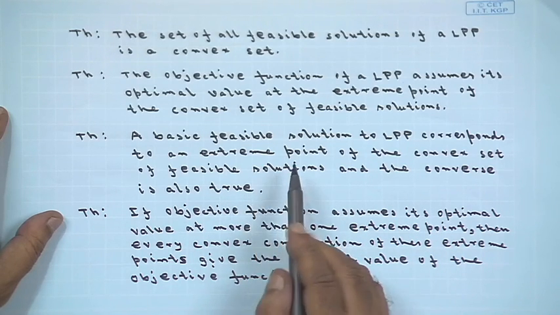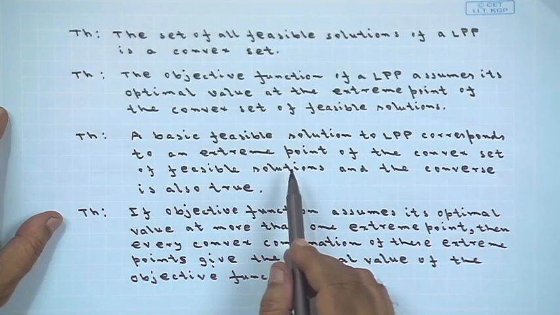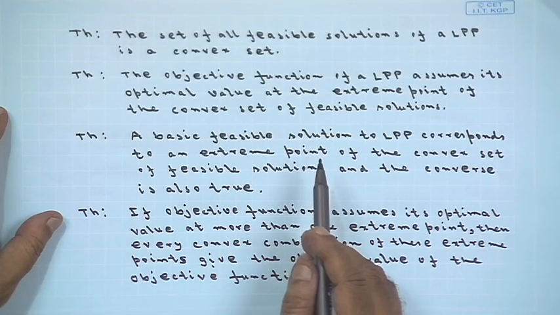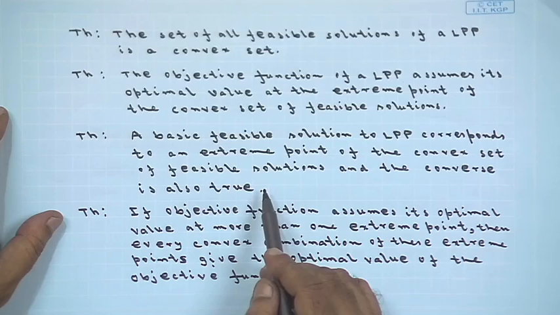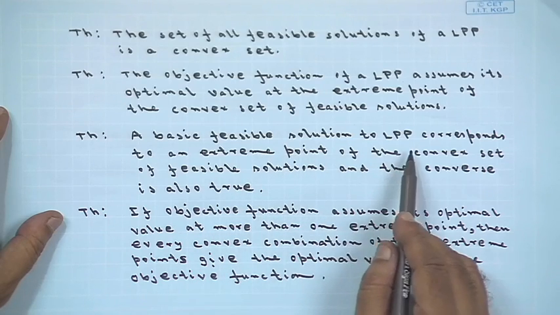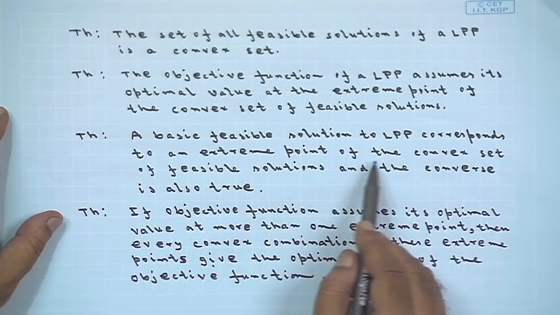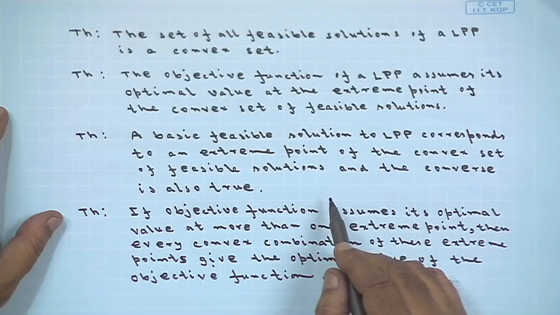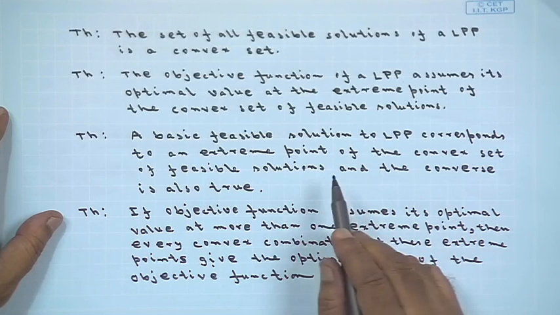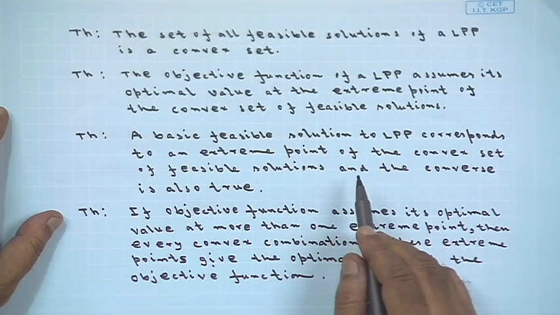So, basically these two theorems say if and only if: the basic feasible solution to an LPP corresponds to an extreme point of the convex set of feasible solutions, and the opposite is also true.